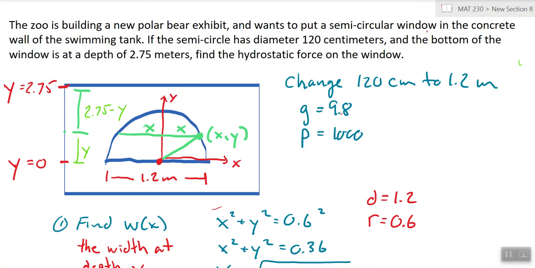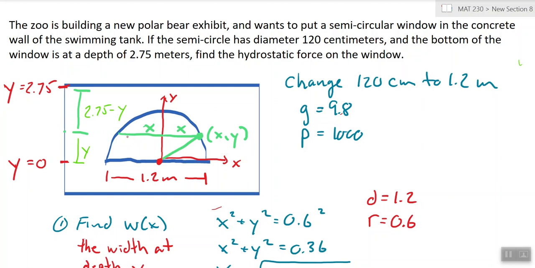The acceleration due to gravity we know is 9.8. Density of water is 1,000. I also situated this so that y equals 0 will be at the bottom of the window. So the top of the tank is going to be 2.75, because the bottom of the window is 2.75 meters down.